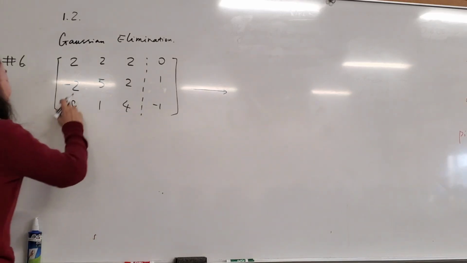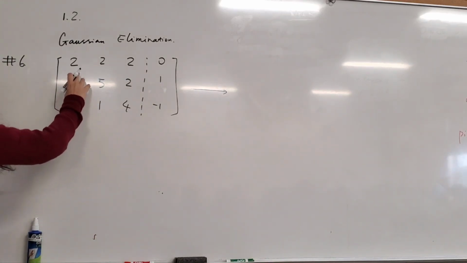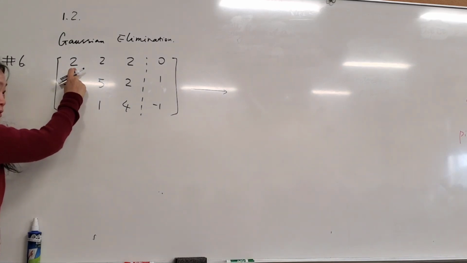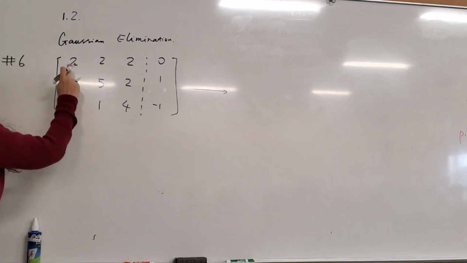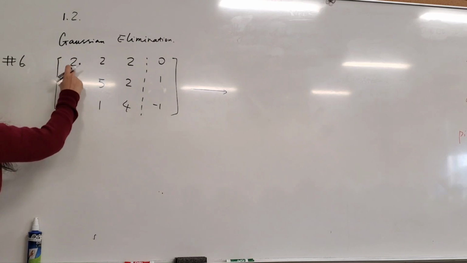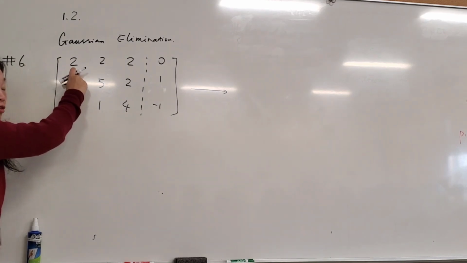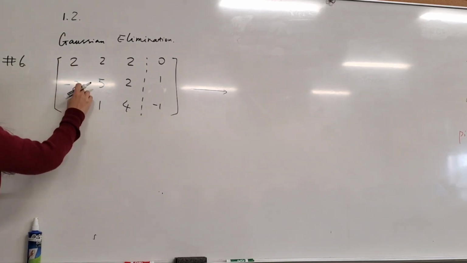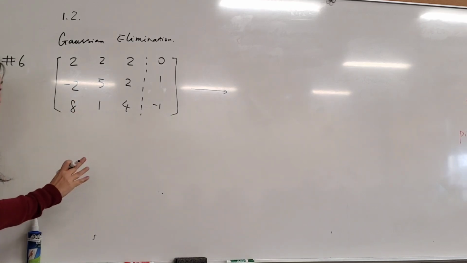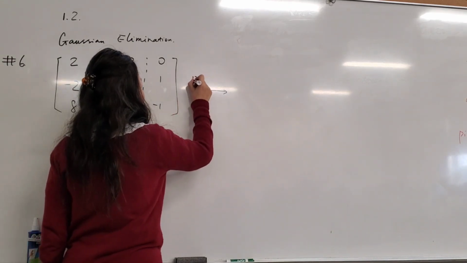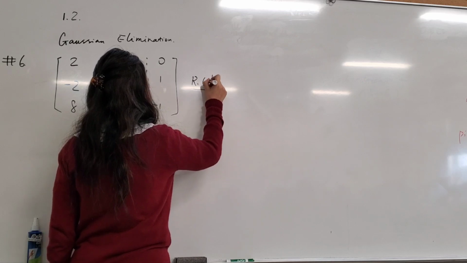Sorry about that. So the first thing you should do is try to make the pivot 1. That's step number 1. Make it 1 first, and then make the number below it 0. That's the faster way to do the problem. So I'm going to take row 1 times 1/2.